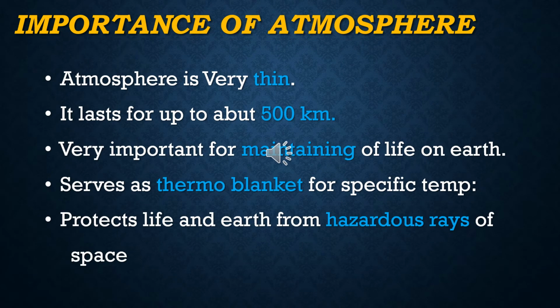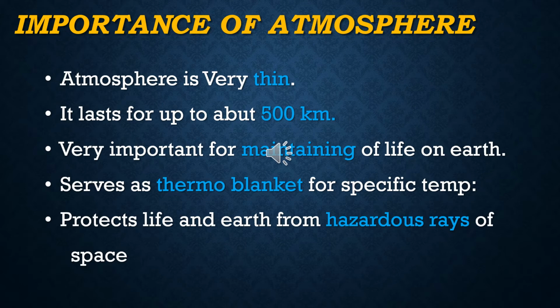Importance of atmosphere. What is the importance of atmosphere? Atmosphere is a very thin layer of gases around the Earth, and it is about 500 kilometers around the Earth. It means if we measure it from the Earth's surface to where it exists, it is about up to 500 kilometers, and it is really thin.